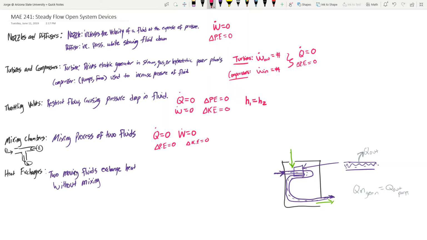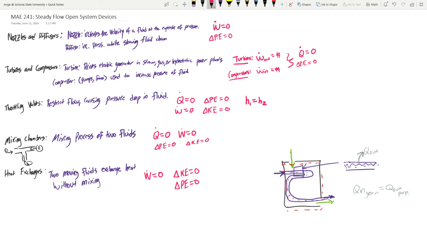All right, so we can say that the work equals 0 for heat exchangers. We can also say that the change in kinetic energy and the change in potential energy equals 0. And for instance, for our picture here, if you chose your control volume to include both fluids in the pipes and all, then you can say that Q is 0.